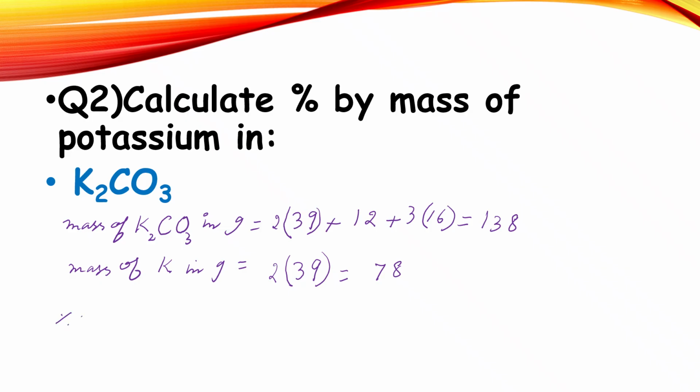So percentage by mass of potassium is equal to mass of potassium divided by mass of potassium carbonate, 138, multiplied by 100, and percentage comes out to be 56.5.